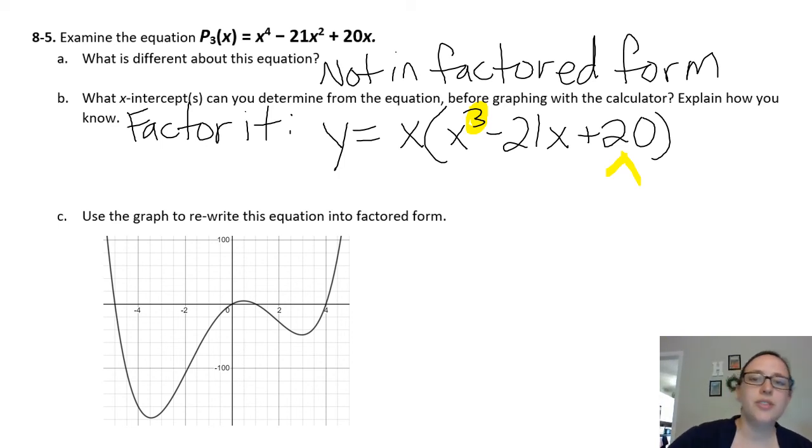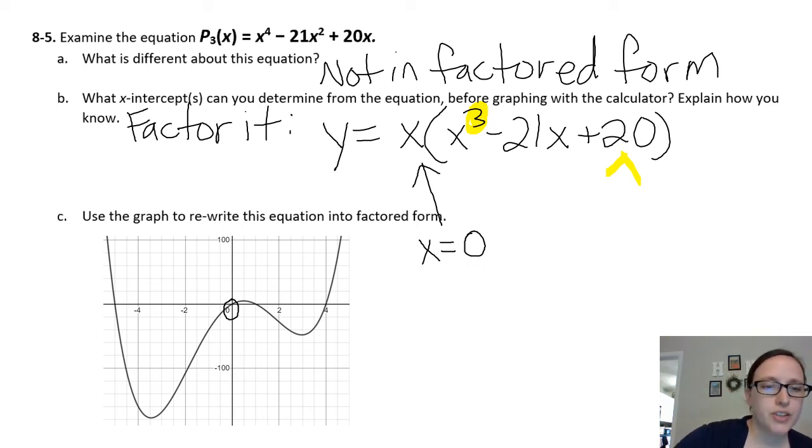All right, so then since there's an x in the front, we know that there's going to be an x-intercept at 0, which there is. All right, and so I went ahead and graphed this, and I'm going to write it into factored form. So this x-intercept is at -5, so that means I'm going to rewrite the x in the front.